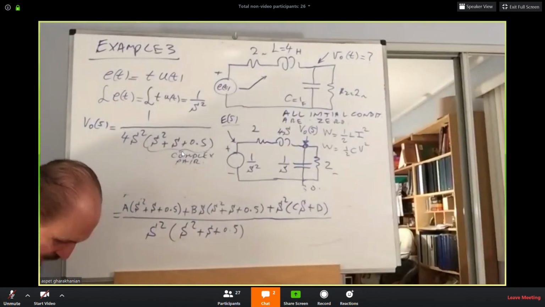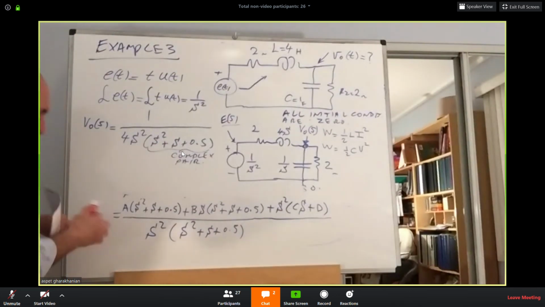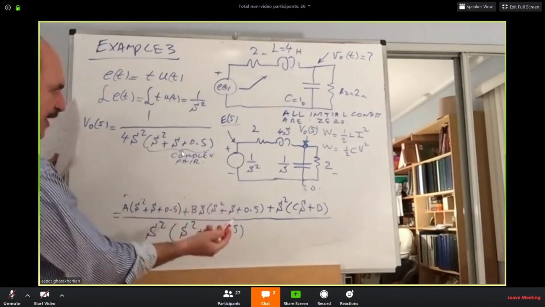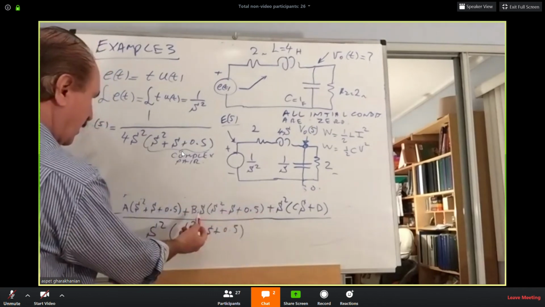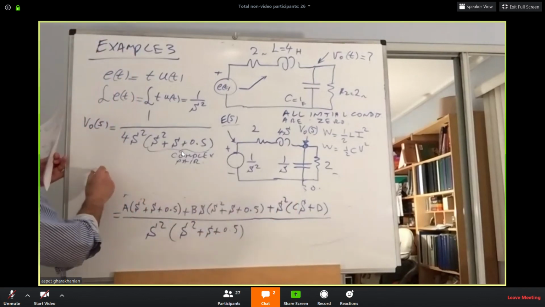I will write it with a different color so you can distinguish them here. Look at the S cube. I have a term S squared times CS, that's an S cube. The coefficient is C.